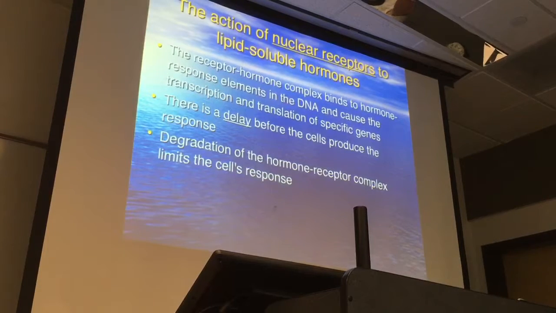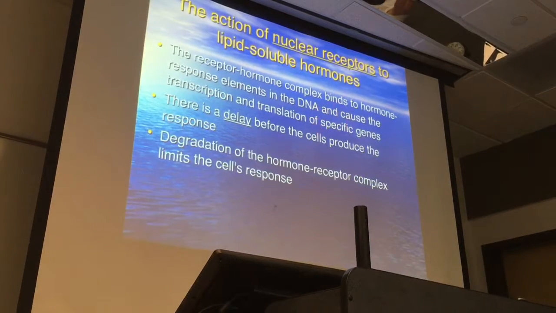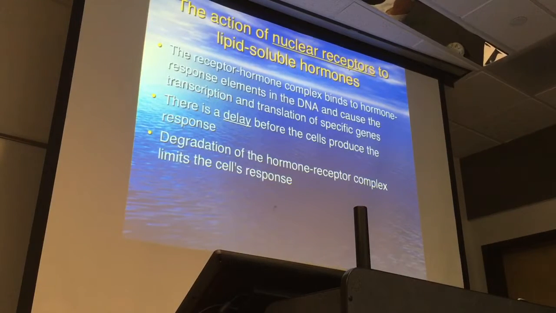When that receptor hormone complex is degraded, then no longer will you express the proteins. But understand, proteins inside the cells last a while. So, once you make the protein, it's going to produce a fairly lengthy response inside the cell.